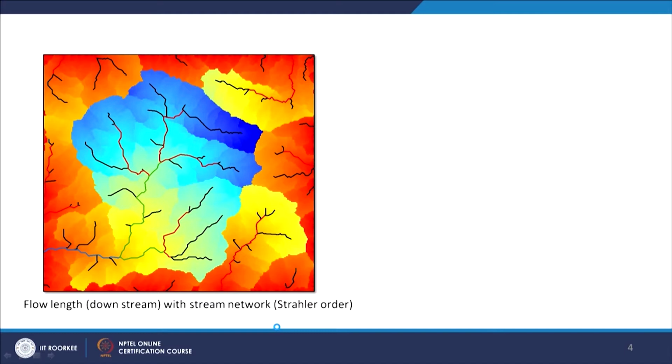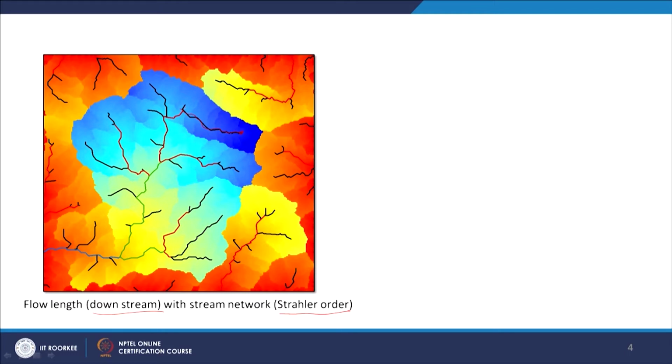Now this is the flow length of the same digital elevation model which we have been discussing in this discussion. The drainage network with the stream ordering is also shown as a stellar stream, and the flow length is shown here in the downstream. As you can see, the values would be very small in this part, but as we go downstream the length increases.